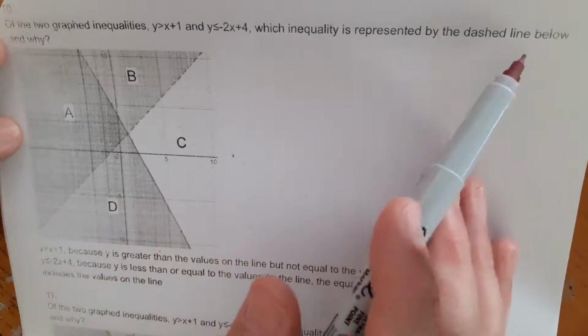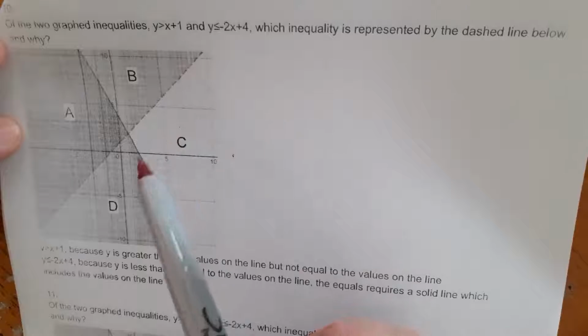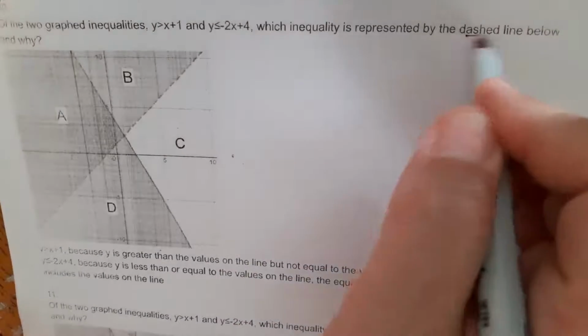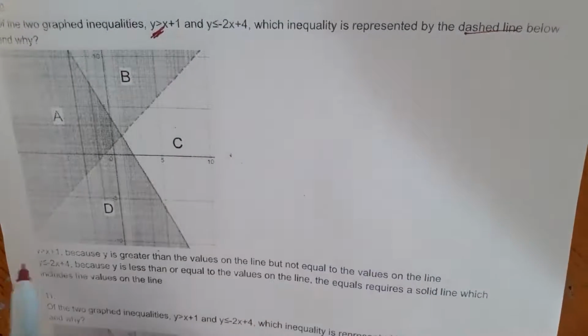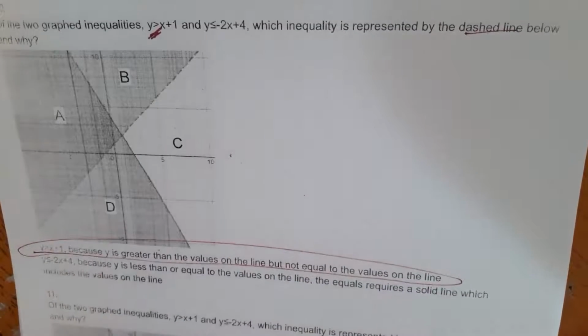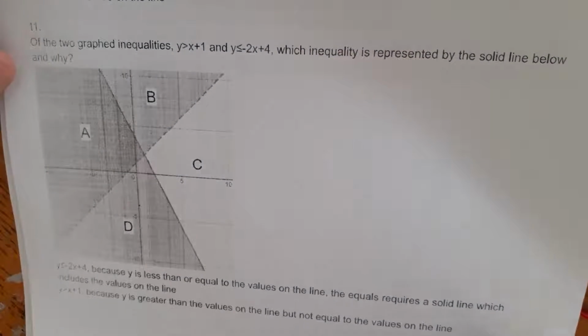Which inequality is represented by the dashed line below? Well, we just went through this. Now they're talking about a dashed line. It's got to be the one with just the greater than. So y is greater than x plus 1. It can't be the one with the equals. That's a solid line.